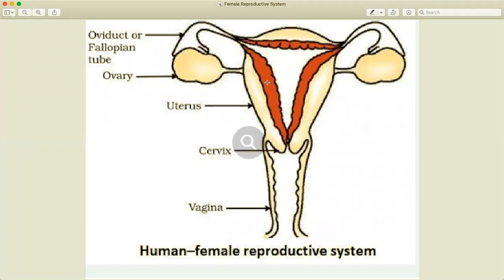This mucus and blood then comes out of the uterus through the cervix and out through the vagina from the human female reproductive system. This process is called menstruation. So this is what happens if the egg is not fertilized.